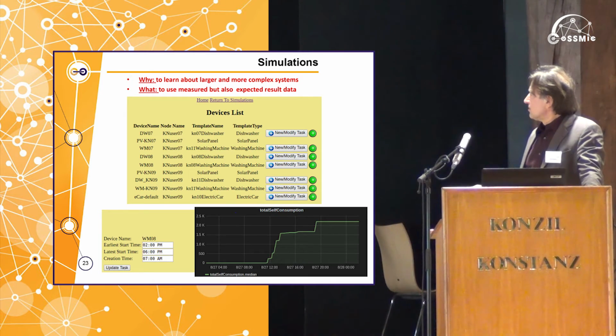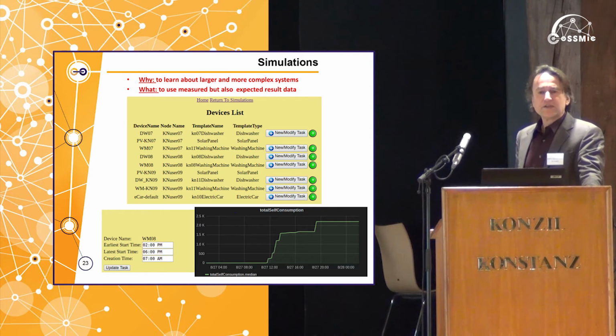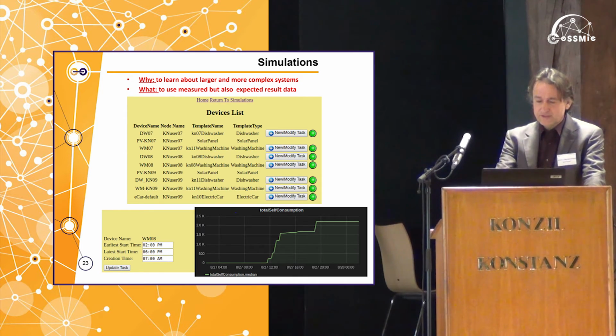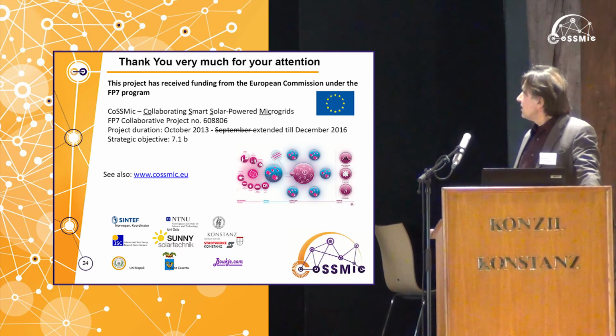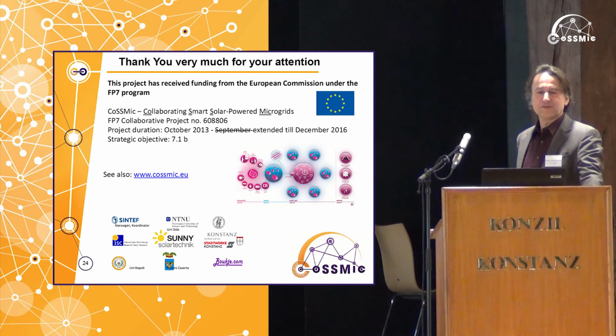There are different washing machines and dishwashers and 2 PV systems, and they deliver a certain amount of energy, and you see all the 3 different devices, they start at different times. And so that is one way to study a system with a certain amount of freedom and some restrictions coming from the users. Okay, thank you very much. That was what I wanted to say about our experimental results we retrieved from our user sites and trial sites.